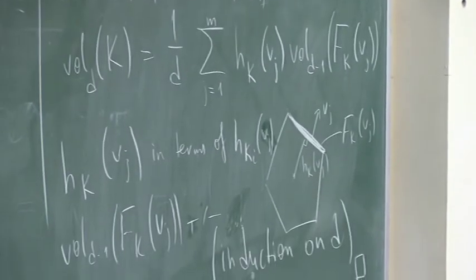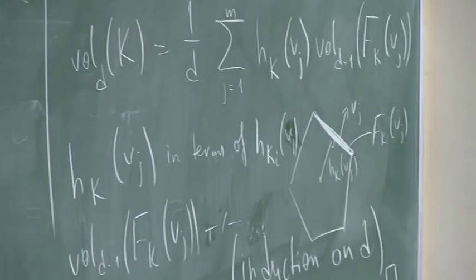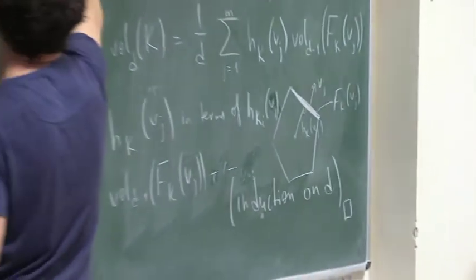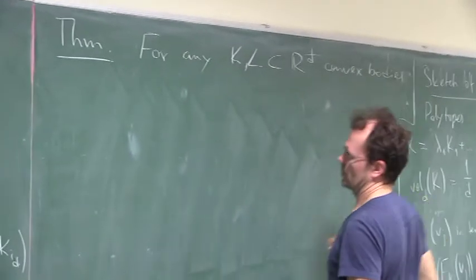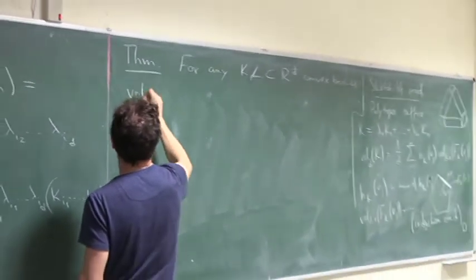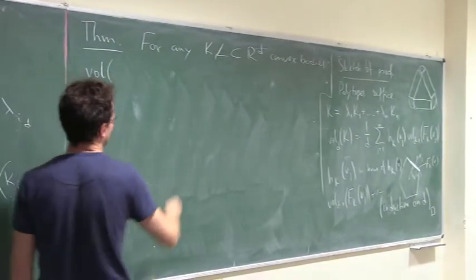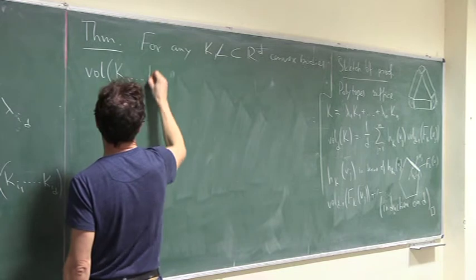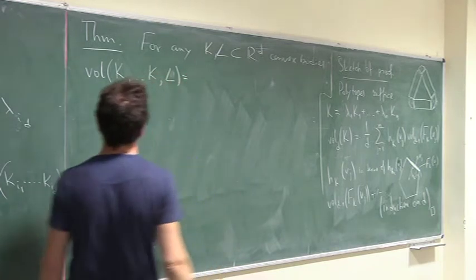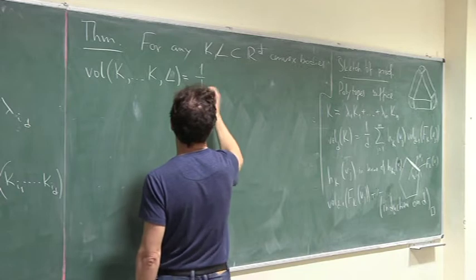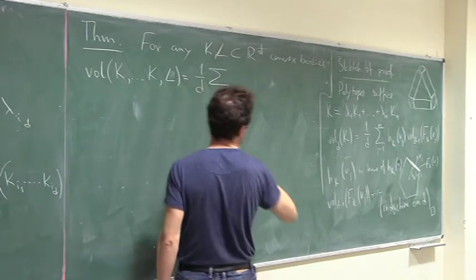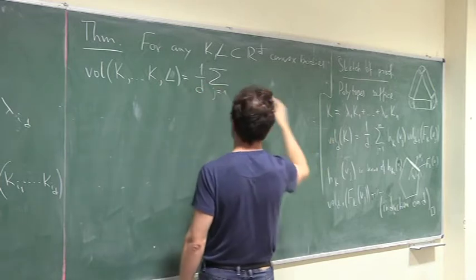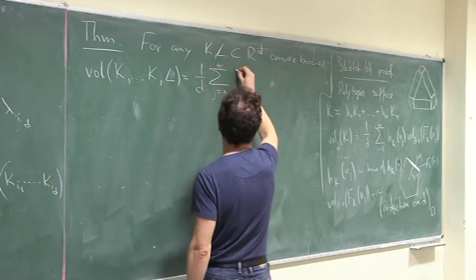For any two convex bodies in R^d, the mixed volume where we take d-1 copies of K and only one copy of L is equal to 1 over d, the sum over, since I now use the index j, let me use index j for the list of the facets from 1 to m.